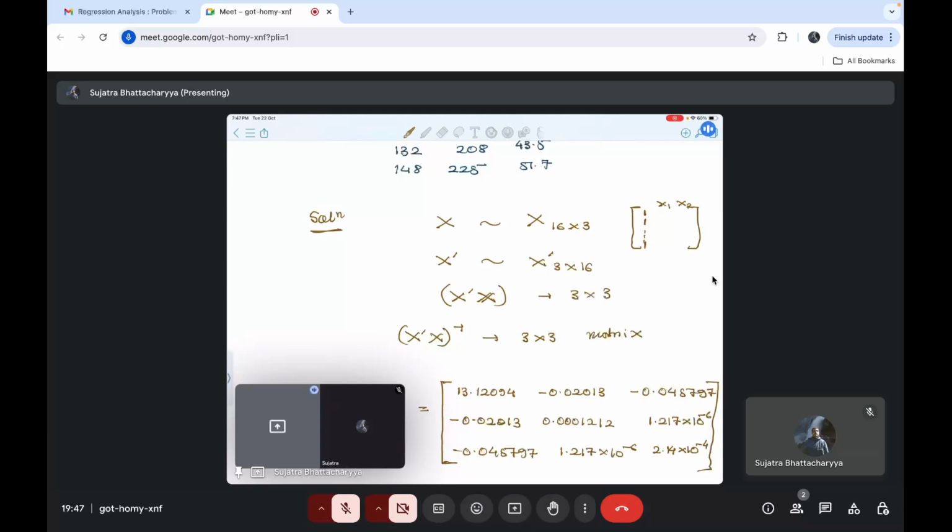Then the problem of multicollinearity comes and we try to solve it by increasing the number of data, or there are many things like principal component analysis so that the correlation is removed. All those things we have discussed.